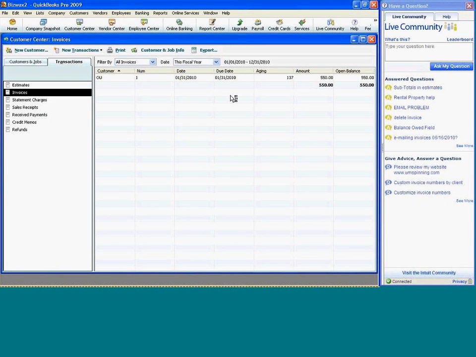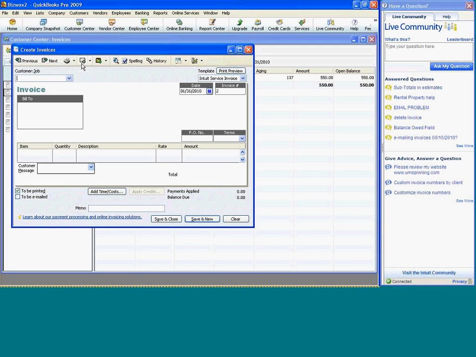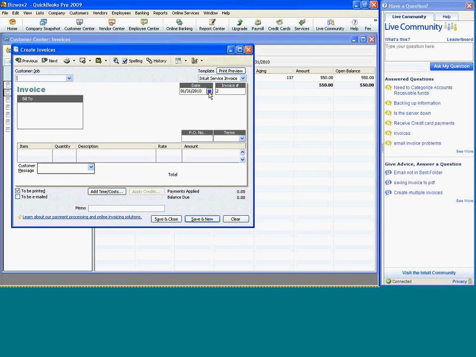Okay, we have another customer, Dr. Smith. What we'll do over here, we'll also make one other invoice to the OU. We'll say invoice 2, then on March 31st, we also repeated that, computer service, for another $550.